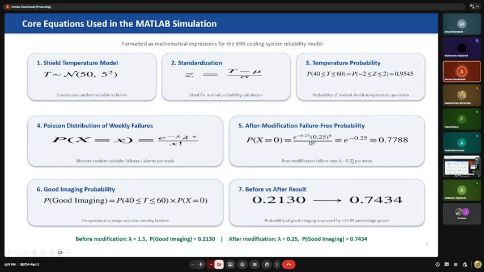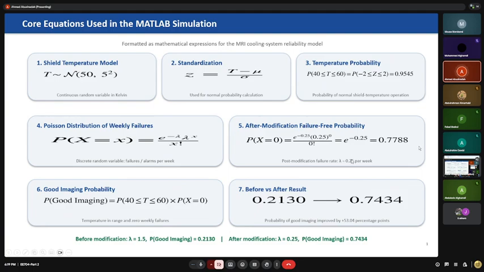Poisson distribution of weekly failure, where X is 0, and we assume that lambda is the approximate failure rate. We can have a better post-modification failure rate of 0.25 weekly, approximately.